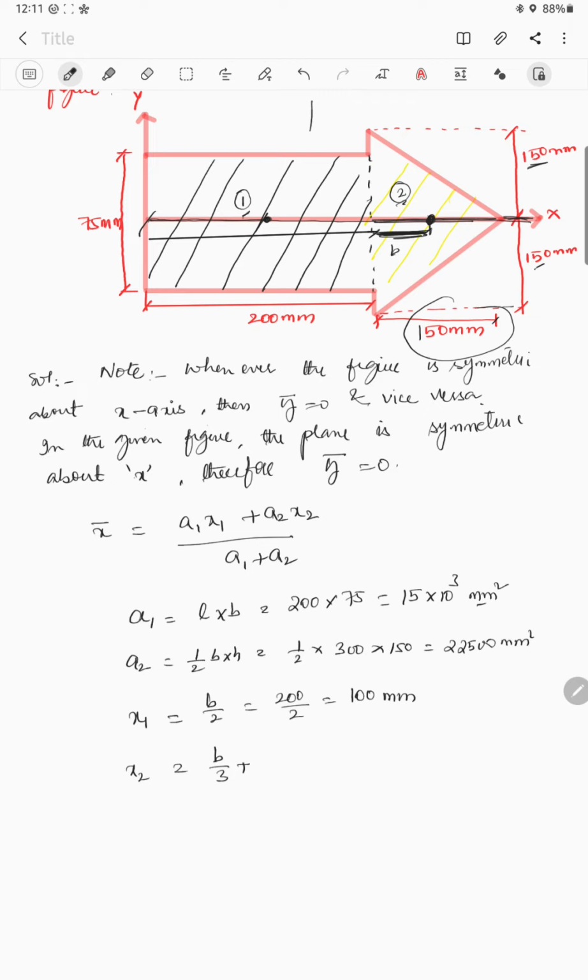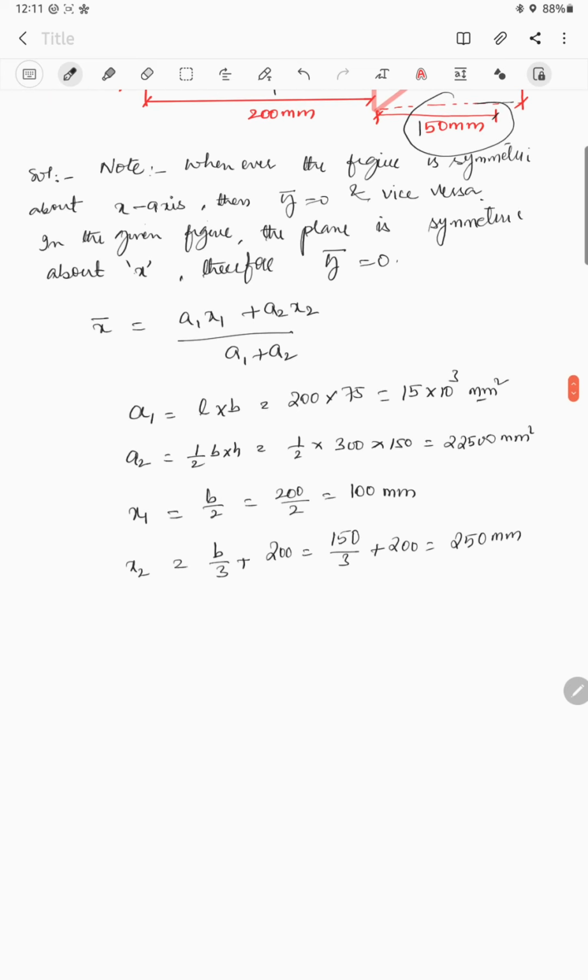So from here to here it is b by 3 and this distance is 200, this one, right? So plus 200. What is the value of b there? B is 150, so 150 by 3 plus 200, which is equal to 250 mm.